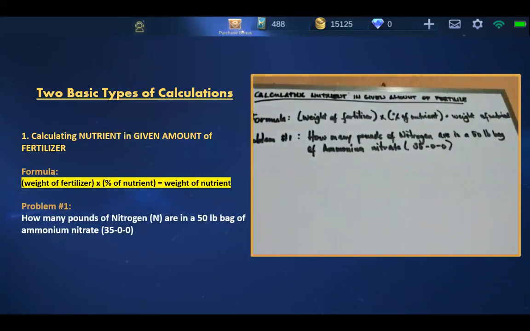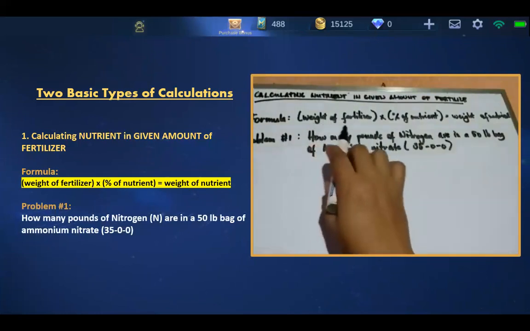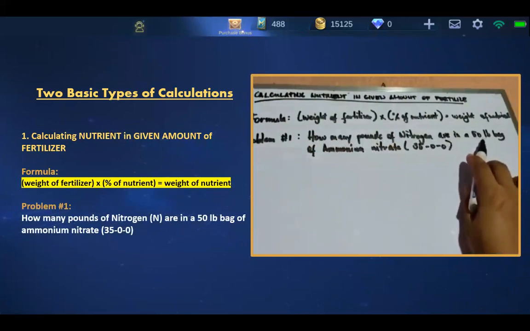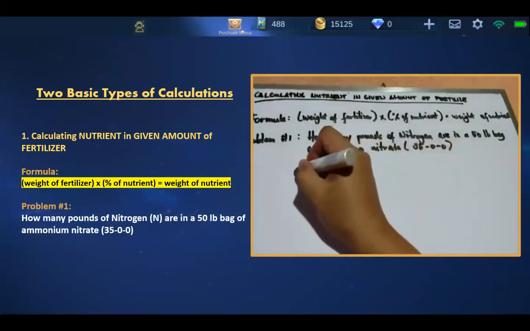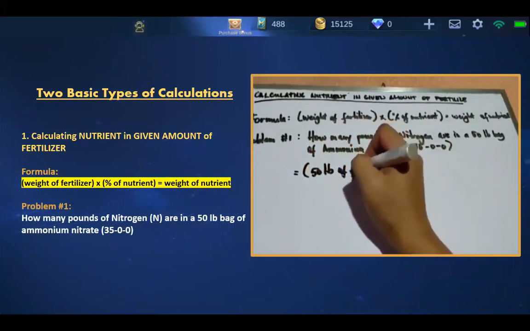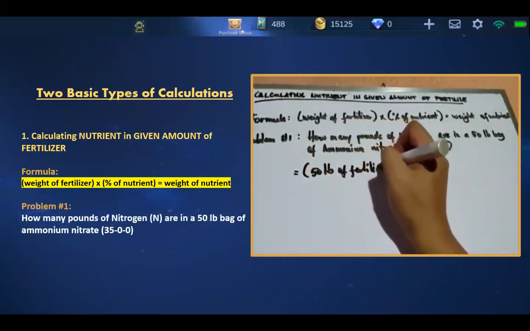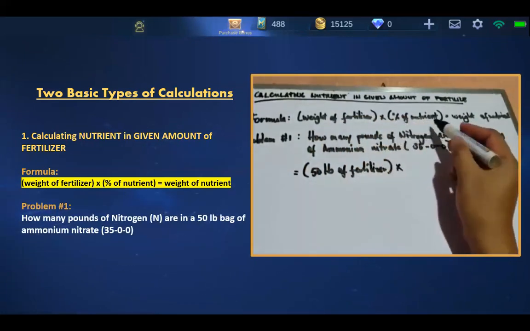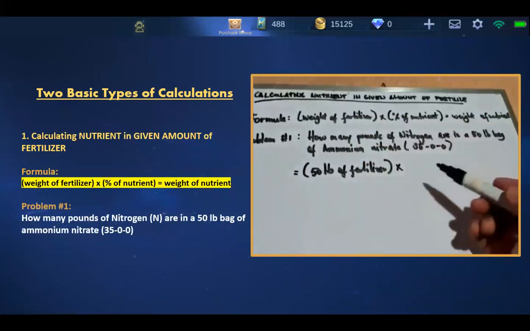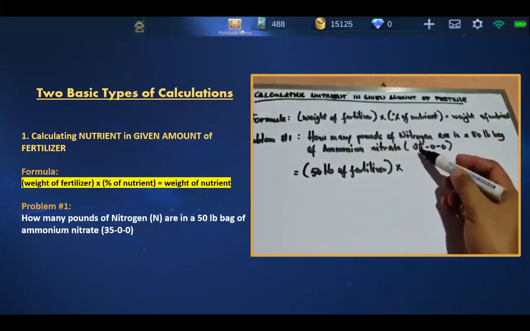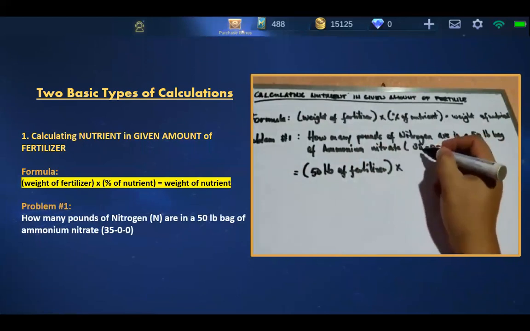So we follow the formula. Our weight of fertilizer is given, which is 50 pounds of fertilizer. Then times percentage of nutrients, which is also given in the problem, 35%.